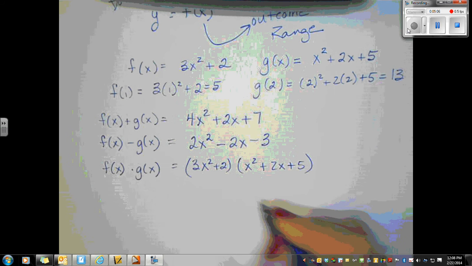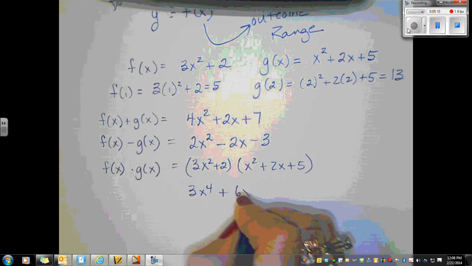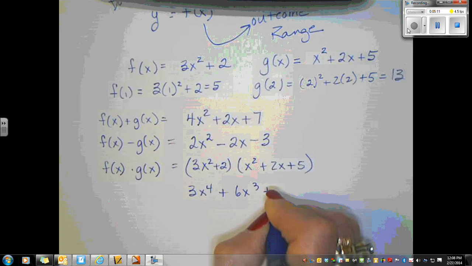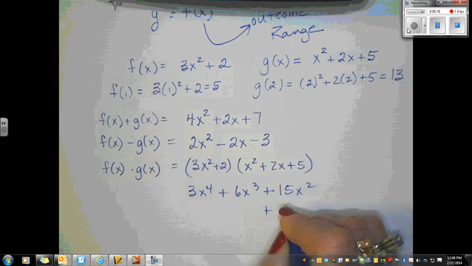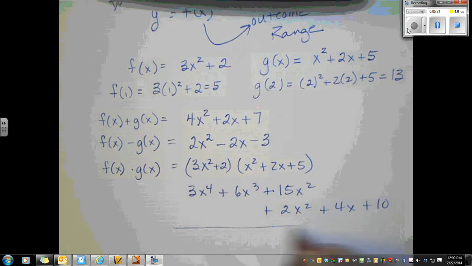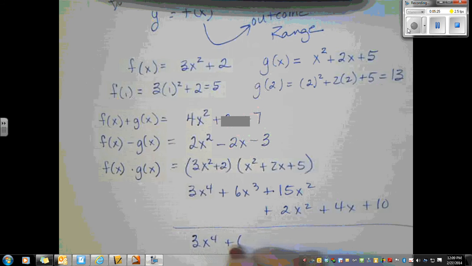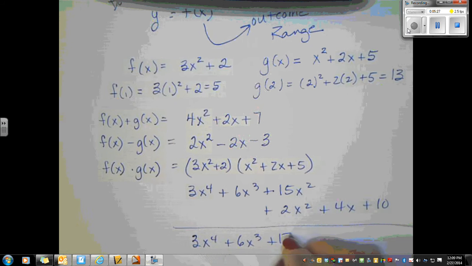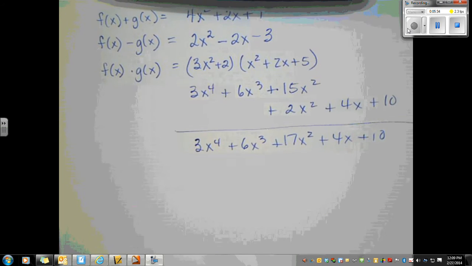Okay, so I say 3x to the fourth plus 6x cubed plus 15x squared plus 2x squared plus 4x plus 10. I add them together, I get 3x to the fourth plus 6x cubed plus 17x squared plus 4x plus 10. Good? Yes?